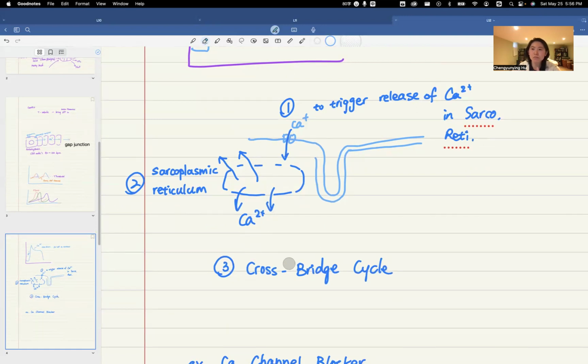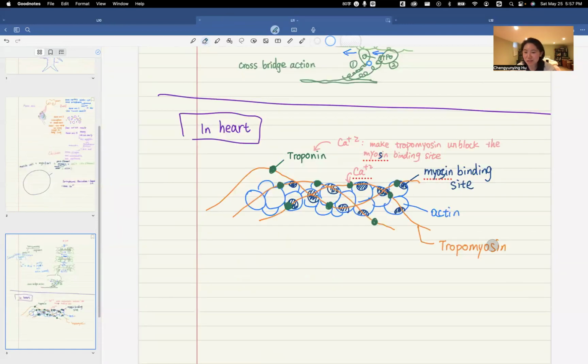The calcium binds to troponin, and tropomyosin reveals the myosin binding site. ATP attaches to the myosin, and myosin binds to this binding site and moves the actin to perform contraction.